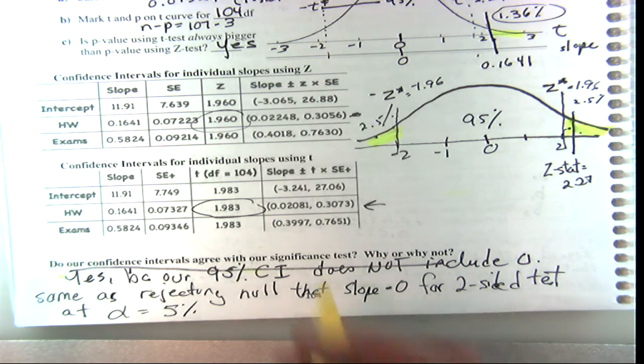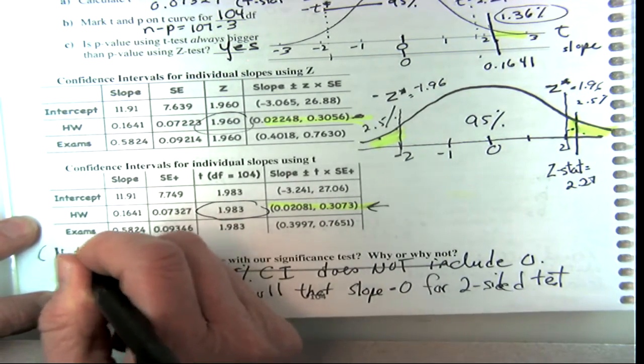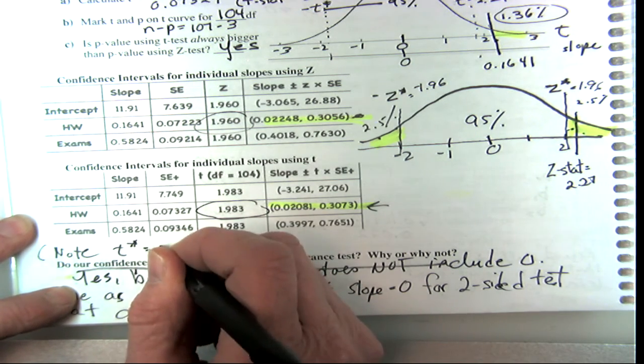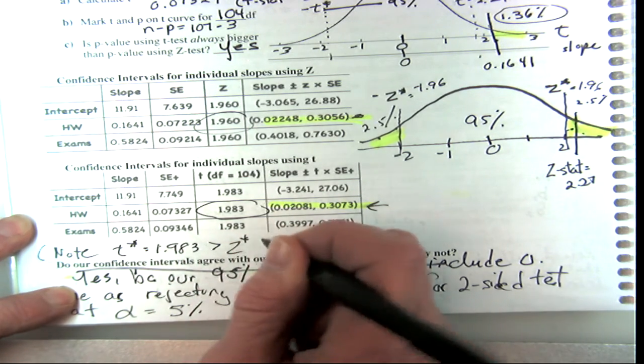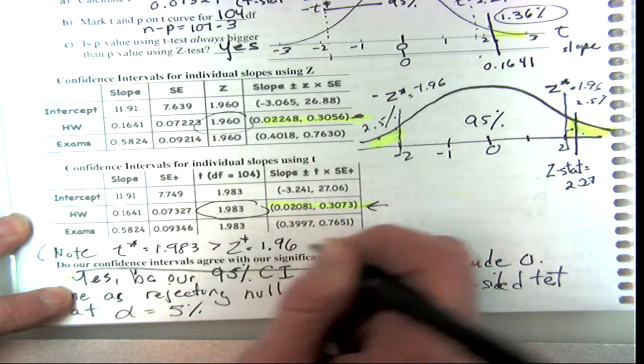So what are we looking at? We're looking at these confidence intervals that don't include 0. All right. And you might want to note that the critical value of t was equal to 1.983, which is greater than the critical value of z, which is equal to 1.96.